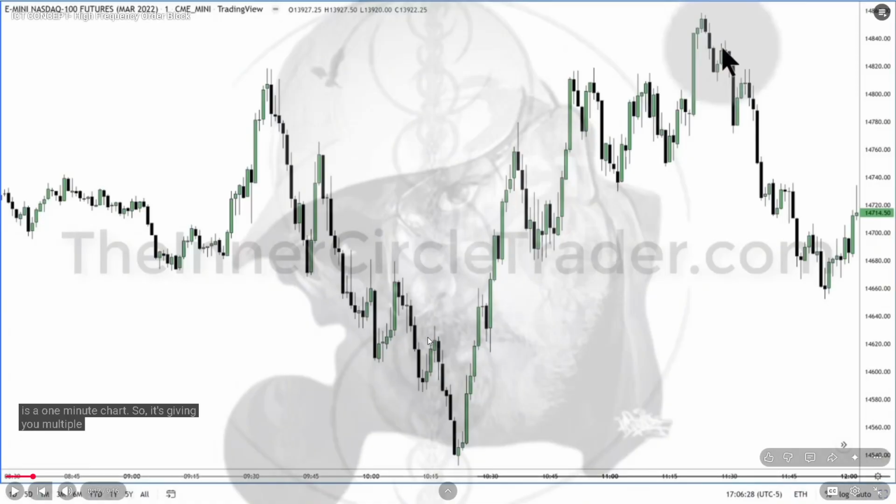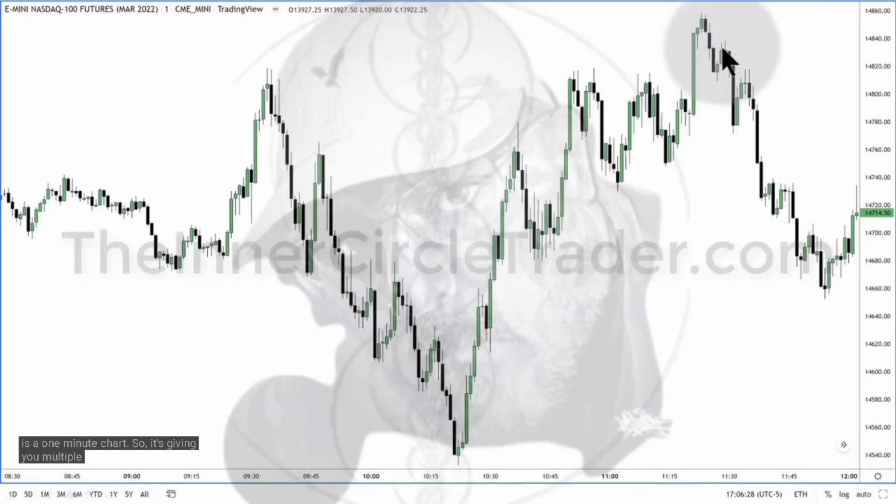Okay, that'll be this area right here that gets traded into, pulled back into when order flow is made.